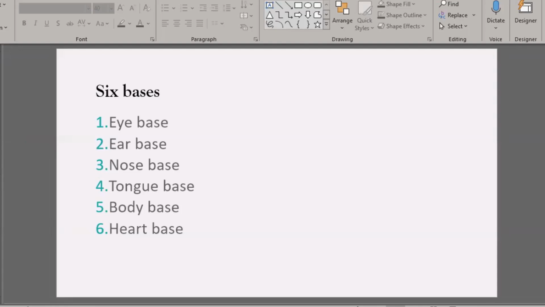Heart base means there is a subtle materiality which can be explained as based on, or associated with, mixed with the blood that always comes and goes out from the heart.